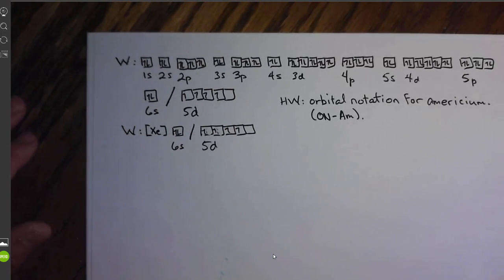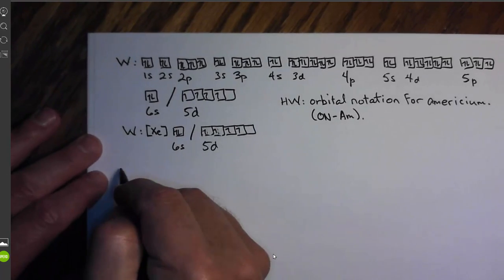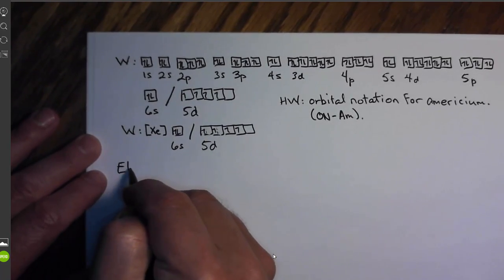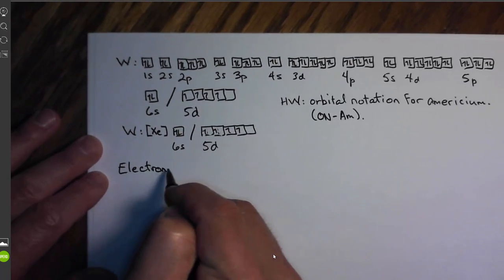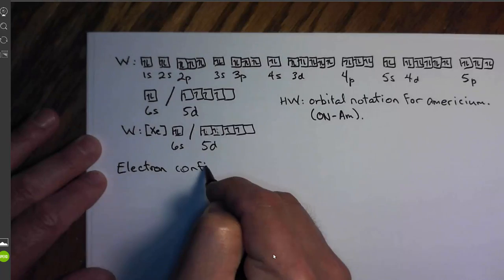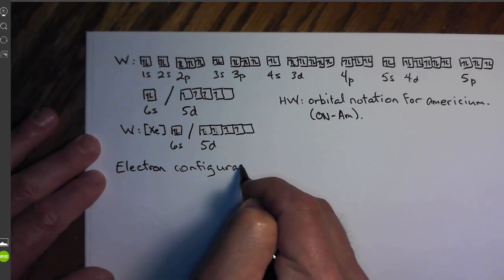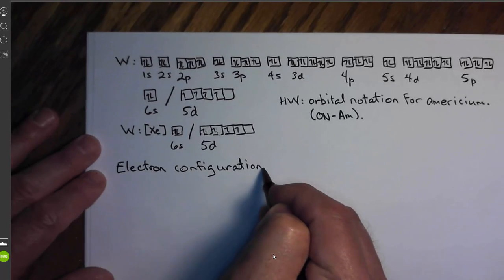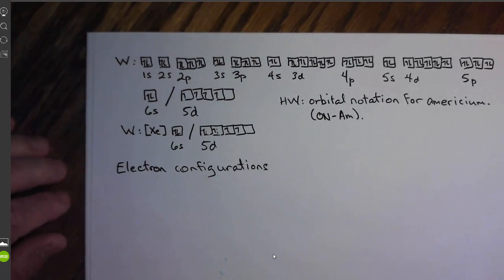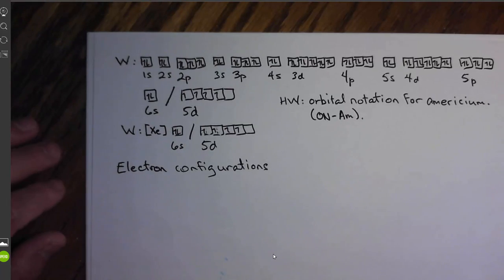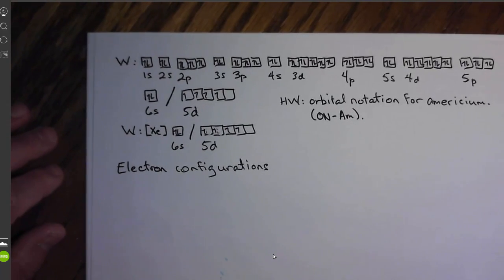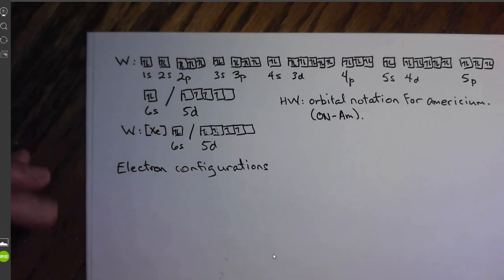All right, let's talk about electron configurations now. Electron configurations are a shorter version, a condensed version of orbital notation.